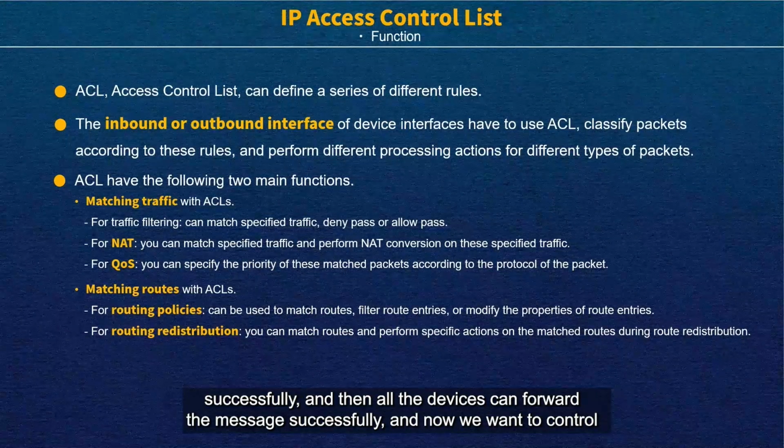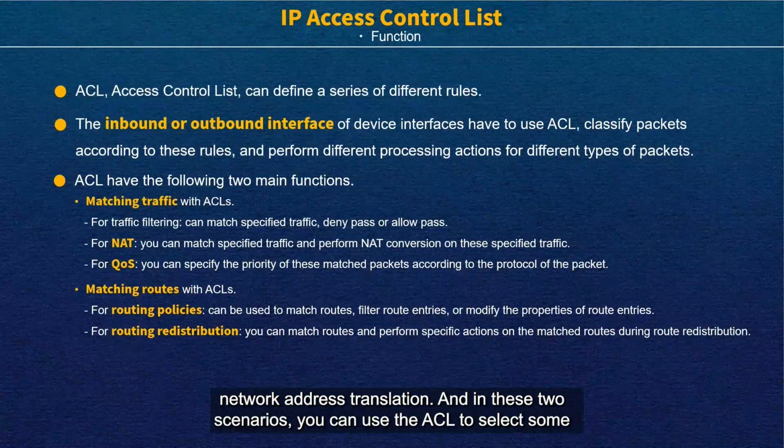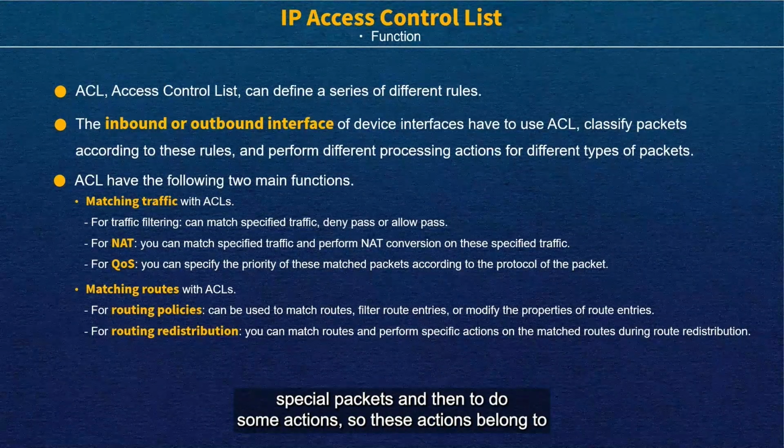And now we want to control the traffic. The typical ones are NAT and QoS. NAT, network address translation, we will explain in the next video. In these two scenarios, you can use the ACL to select some special packets and then do some actions. So this action belongs to the traffic.